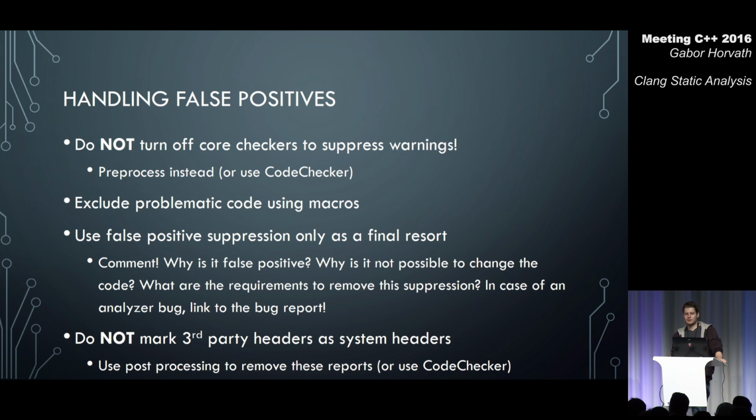So one of the important pieces for the Clang static analyzer: do not turn off core checkers to suppress warnings. The reason is that core checkers are not there only for reporting warnings, but also there for modeling some aspects of the code, and it is unsupported to run the Clang static analyzer with those checkers turned off.